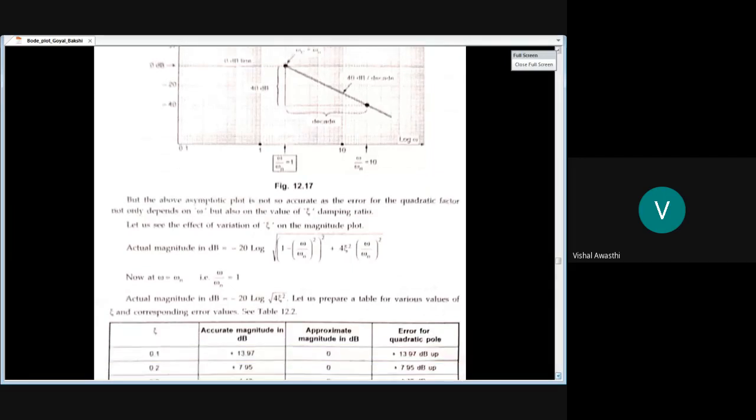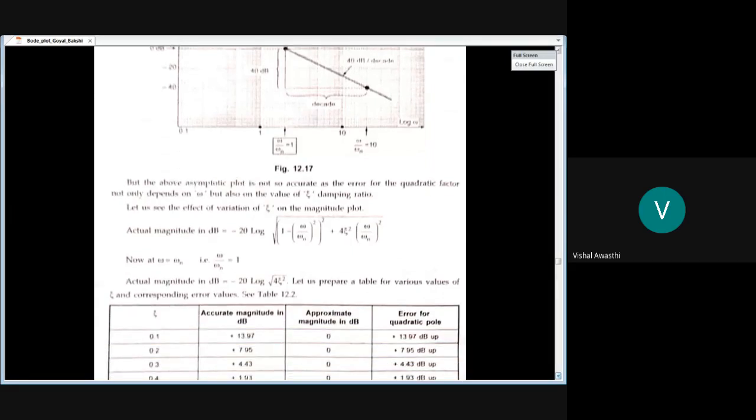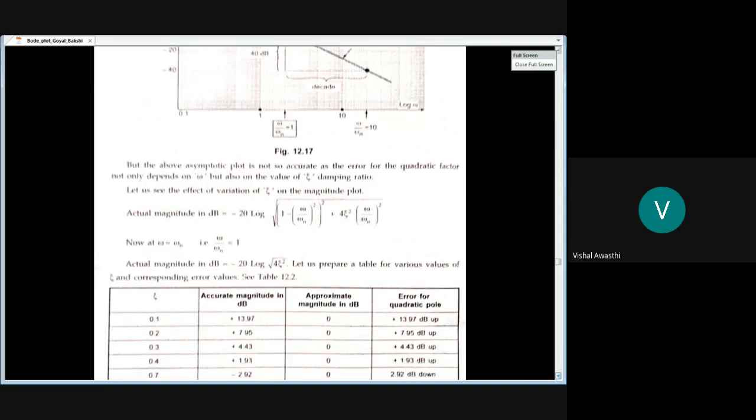When you put omega is equal to omega n, then omega upon omega n is equal to 1, and when you simplify this, you will have actual magnitude in dB is minus 20 log under root 4 zeta square, or after simplification minus 20 log 2 zeta, since under root 4 zeta square is 2 zeta.